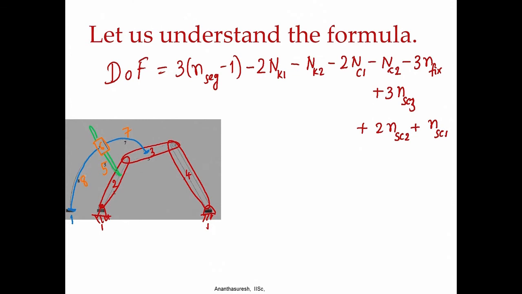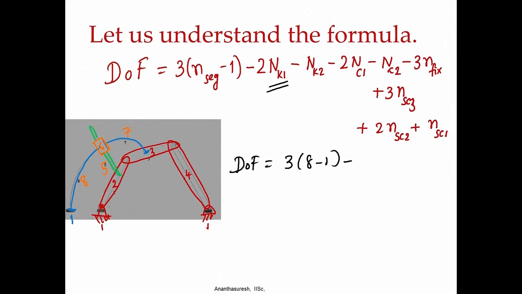So, if we look at how many degrees of freedom this has, how many segments are there? We counted 8. So, the DOF for it is 3 times 8 minus 1. We are counting both the elastic segments, the blue ones 7 and 8, and the rigid ones 2, 3, 4, 6 and 5, and we have the fixed frame, that is 1. How many 1 degree of freedom kinematic joints are there?